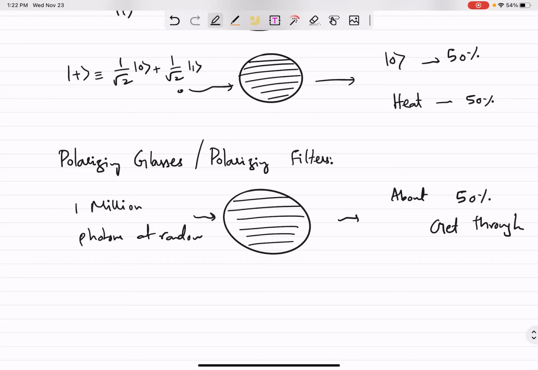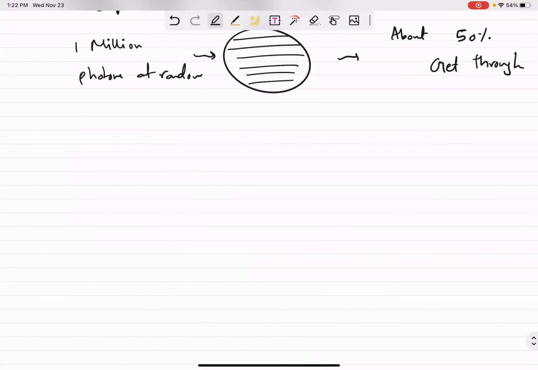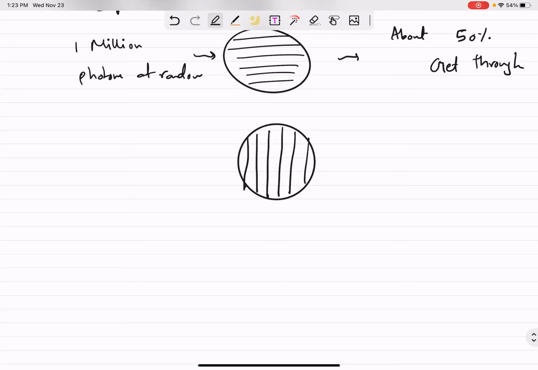And in the special case of polarizers, there is this beautiful quirk that you can get a vertical polarizing filter by just rotating your thing.